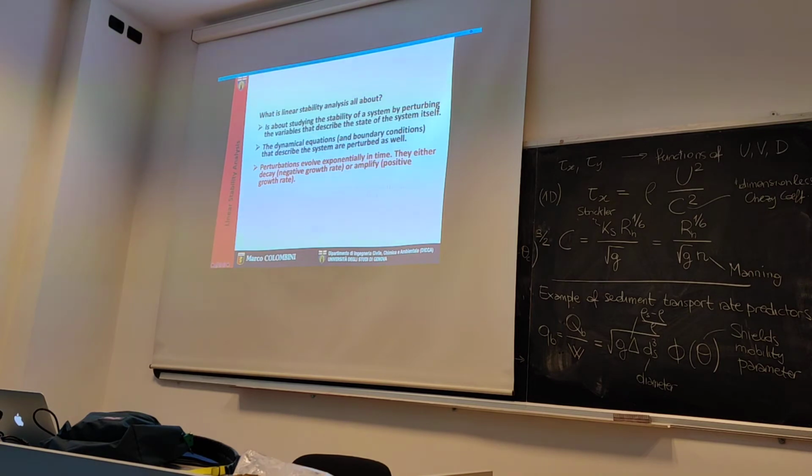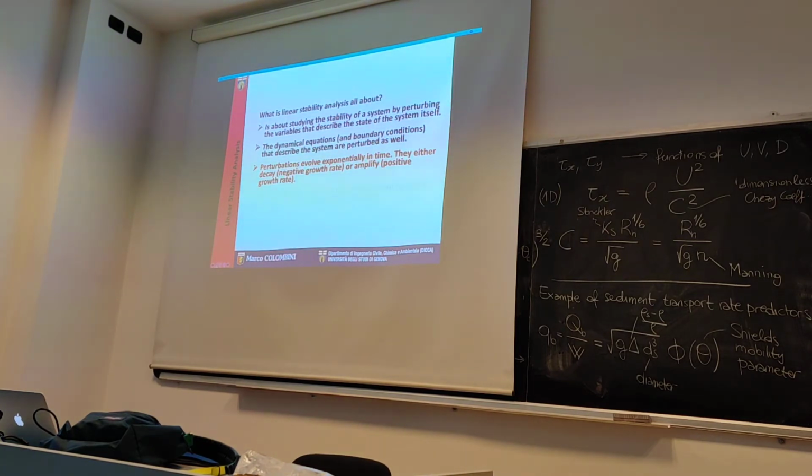So the whole concept of linear stability analysis is to study the system when you give just a very small perturbation of the state and see what the tendency of that system is. If I just slightly perturb it and then it moves away, then it's unstable. If I just slightly perturb it and then it goes back to the steady state, then it's stable.